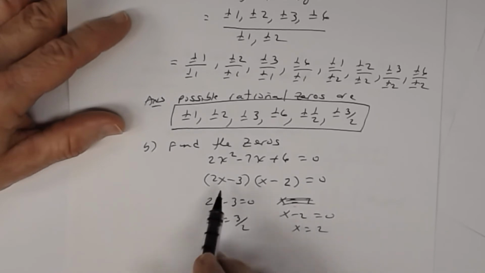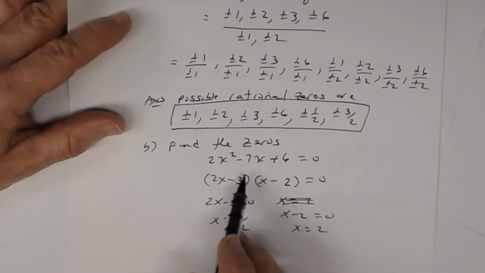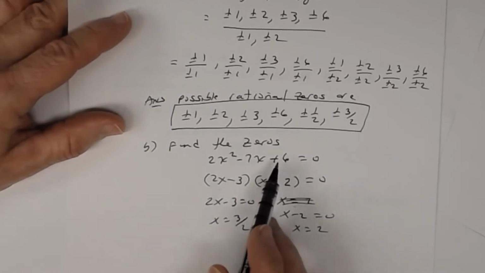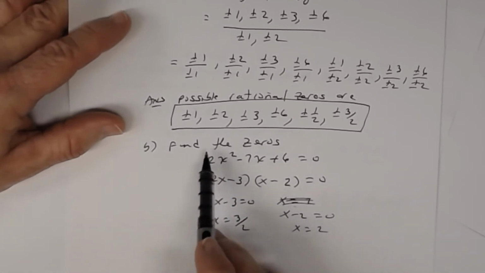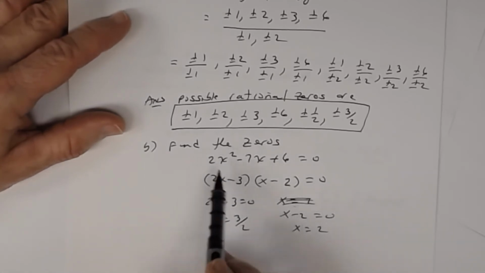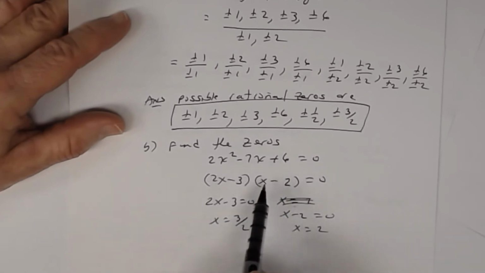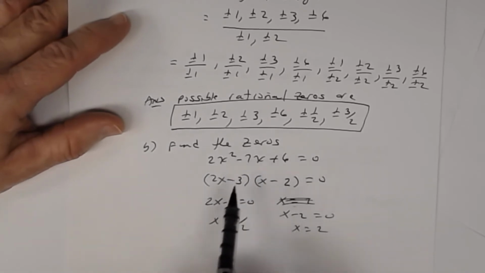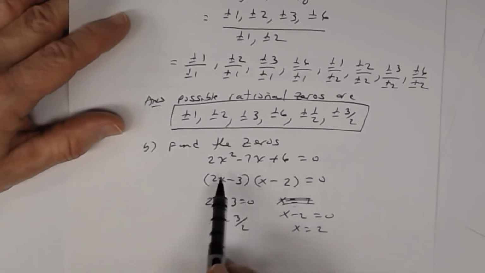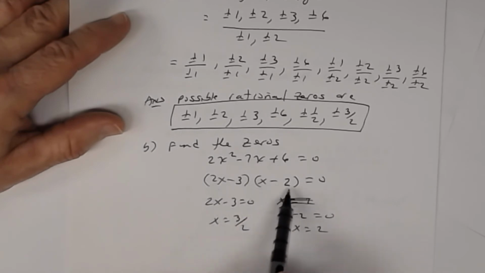Do you see where they come from? 2 times 1 is 2. Negative 3 times a negative 2 is a positive 6. So that's why we only use the leading coefficient and the constant term: when we do this using very simple quadratic equations, we can actually see where those rational zeros are coming from. They're coming from the factors of the leading coefficient and the factors of the constant term.